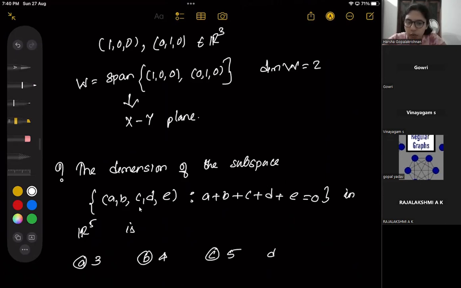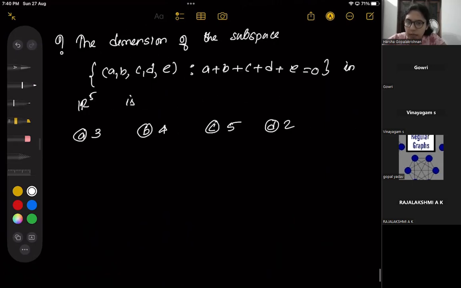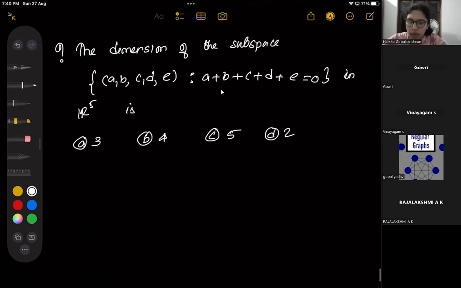Means here we have 5 coordinates A, B, C, D, E. And the condition is A plus B plus C plus D plus E equal to 0. So the question is to find the dimension of this subspace. Let us call it as W. Just looking at the condition only, you can easily say what the dimension is. Can anyone guess? Oh, sorry, 4. Yeah, it is 4. Dimension is 4.